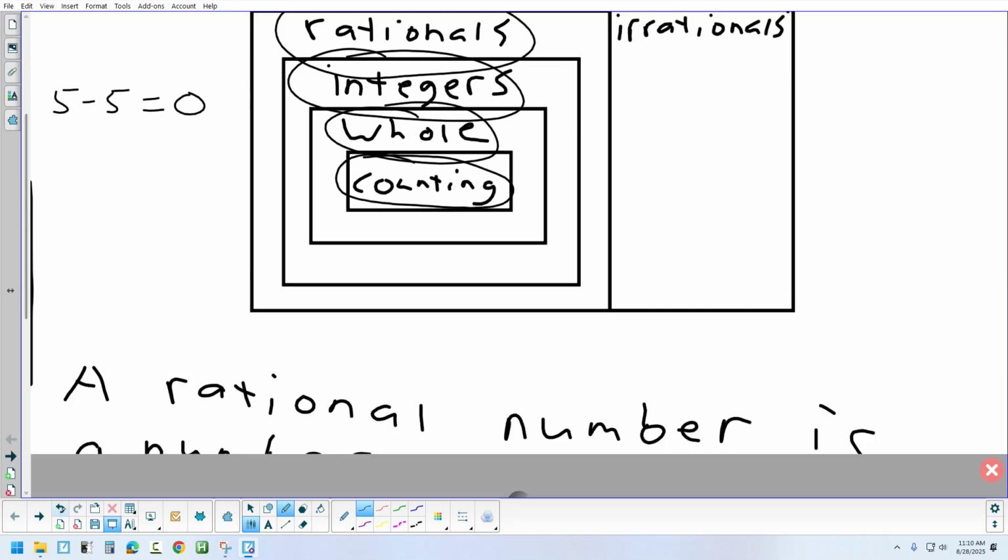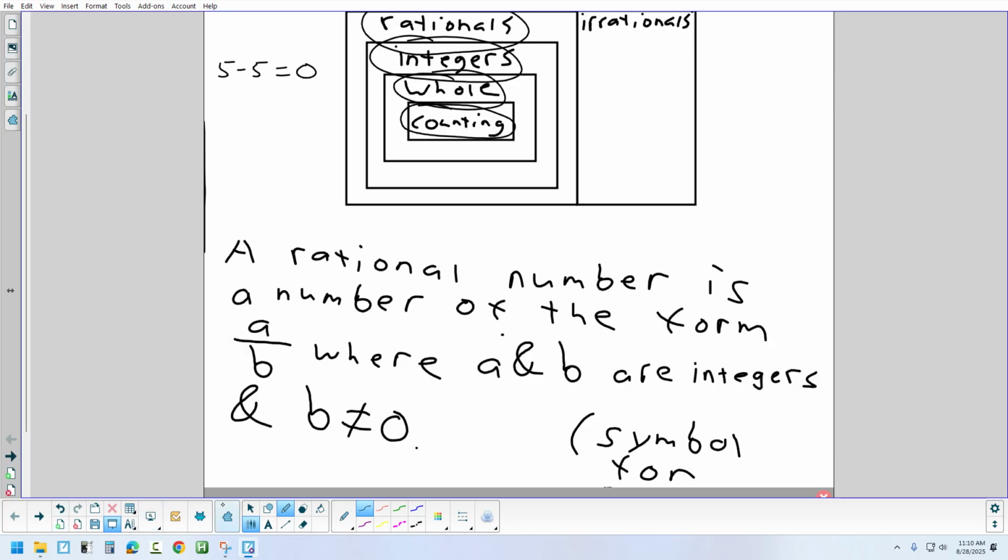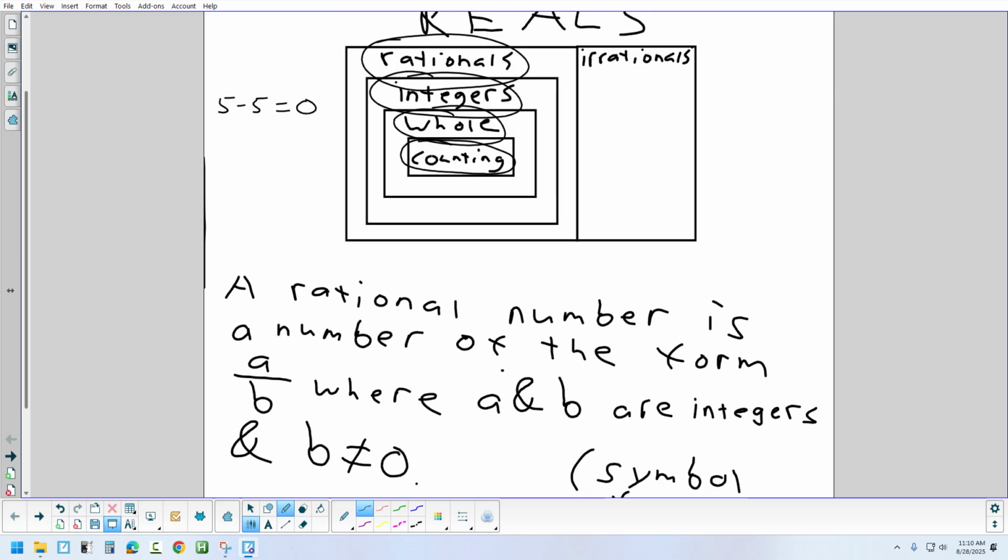So rational numbers basically include all your fractions. To write a rational number, it has a numerator and a denominator. The denominator can't be 0. And both the numerator and the denominator have to be integers. So when you write a fraction, you really shouldn't write it in a weird way.